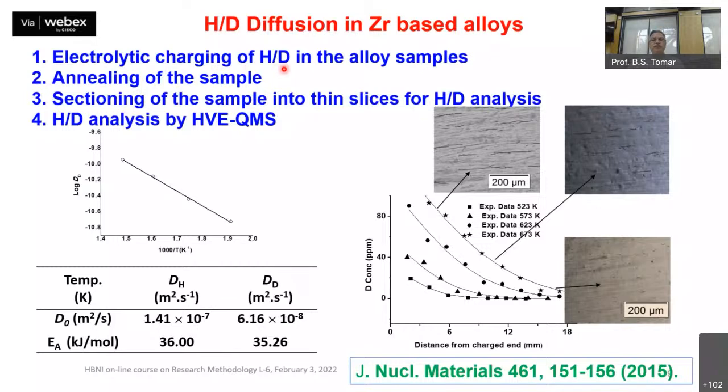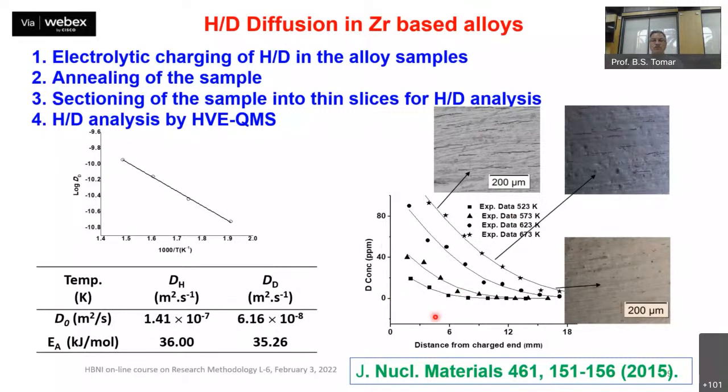After sufficient electrolysis, the hydrogen and deuterium will diffuse into the alloys. Then you can anneal the samples at different temperatures to diffuse them into the bulk of the sample, cut them into thin slices of 2 mm each, and analyze those slices by hot vacuum extraction and quadrupole mass spectrometry.